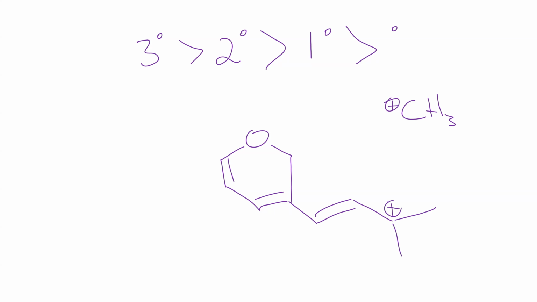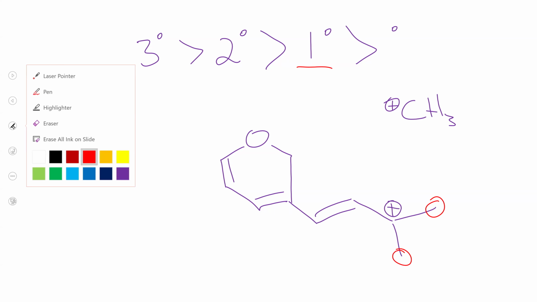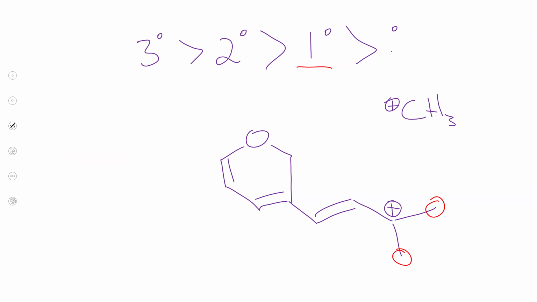Here's our original molecule. These two are primary. Are there any other primary carbons on this molecule? Do they have to be single bonds or could they be pi bonds?